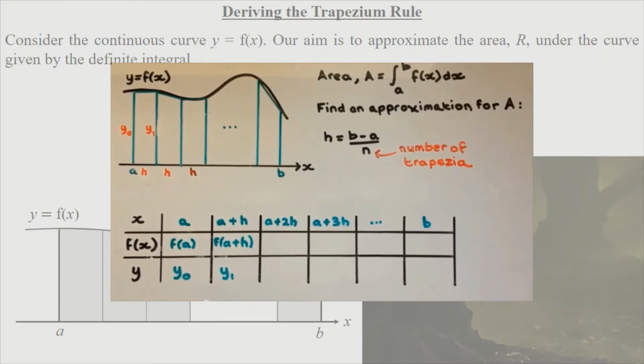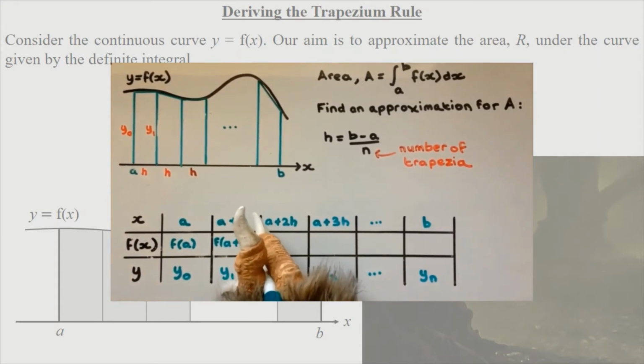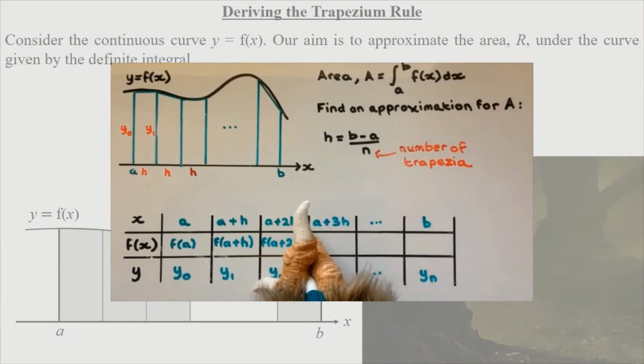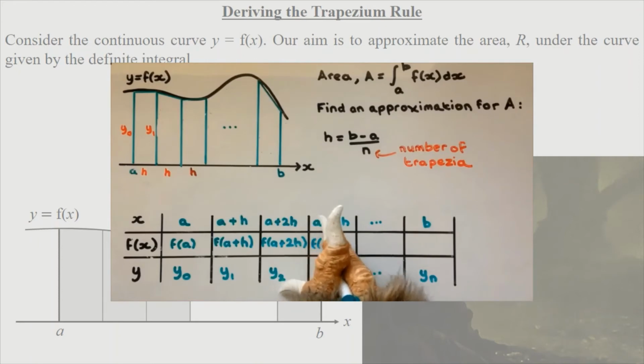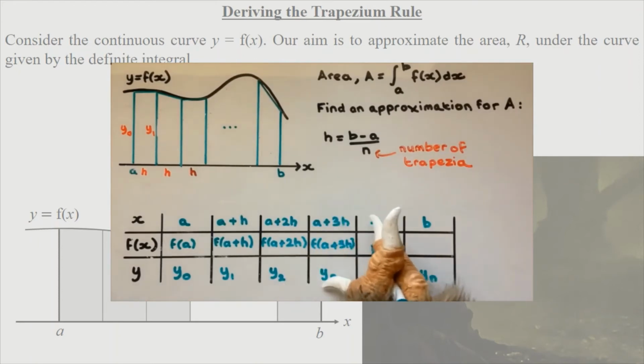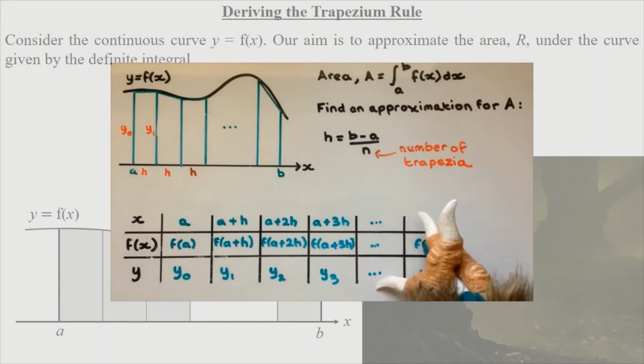We're going to have y0, y1, obviously y2 here, like so, y3, continuation, and then yn, the nth side. And just to be exact, this is going to be f of A plus 2h, f of A plus 3h, continuation, and then f of B.